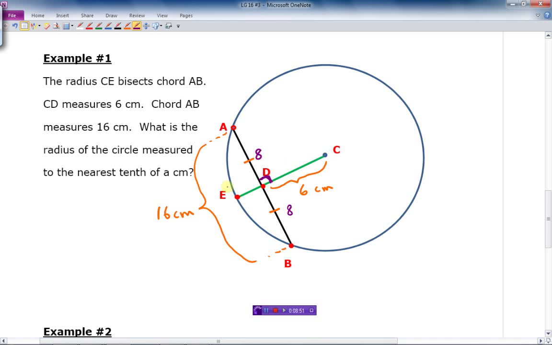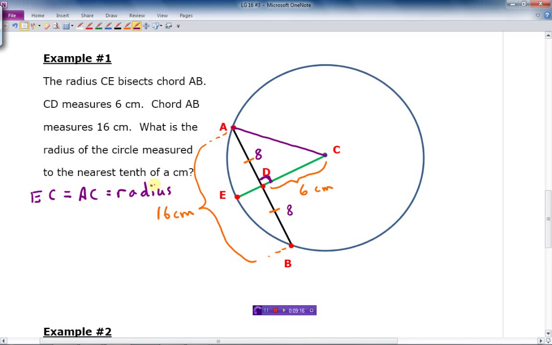So let's make a 90-degree triangle by joining A and C together. There. And wait a minute. EC equals AC because they're both the radius of that circle. So if I can find AC, I've got the radius of the circle.